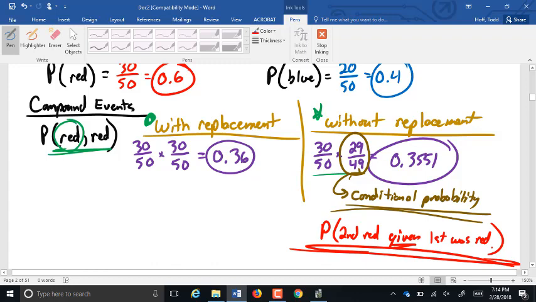Like I said, if the first one was blue, well, there's still 30 red ones in there out of 49, but we don't care about that case because we need both of them to be red.